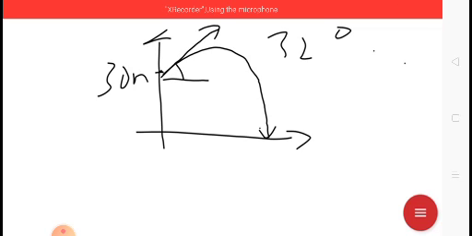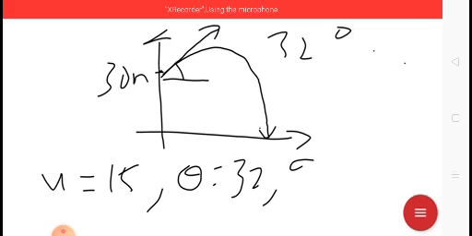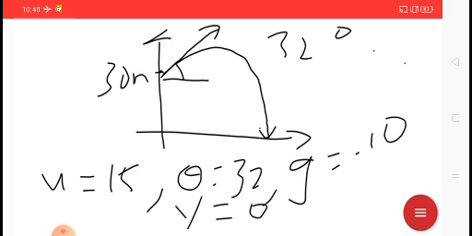So you may set your initial conditions: u equals 15, theta 32, g equals negative 10, and when it touches the ground, the vertical distance y equals 0, and the starting position is 30 meter. This one is not so important, but depends on how you solve it.